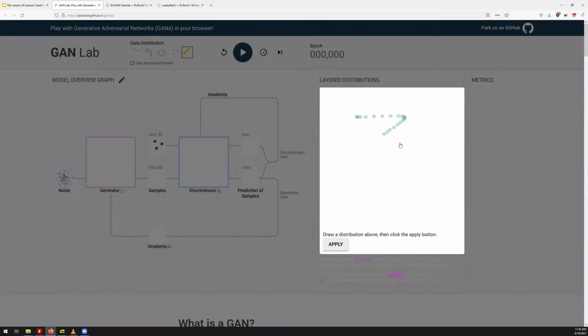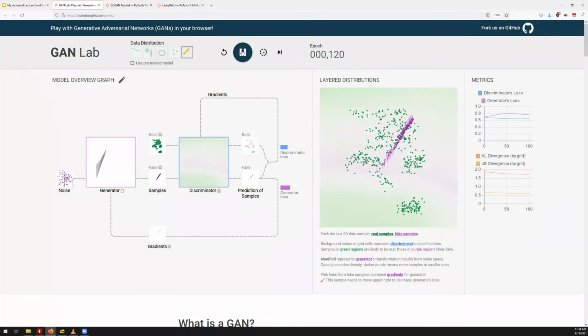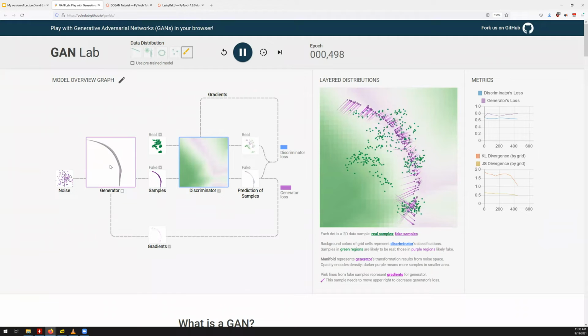And I guess you can make your own. But yeah. So it's a cool tool to play around with, and yeah, everything is in 2D.